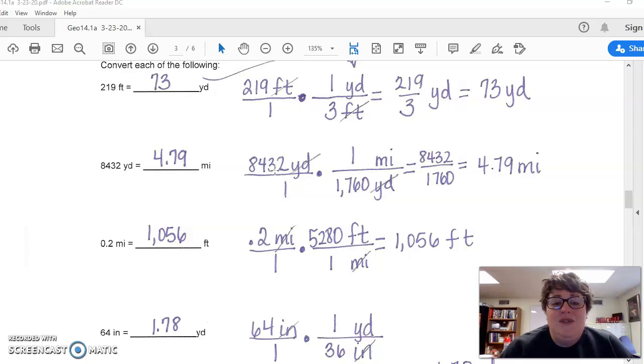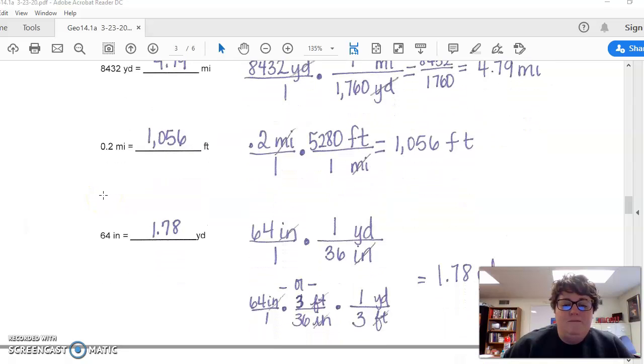So I have 219 feet on top, and I also have 3 feet on the bottom, because I have to ask, how many feet go into a yard? That's what goes on the bottom, so those feet cancel out and leave you with yards on top. I tried to pencil mark through what cancels. You have to be able to cancel out what you already have and take it to a new measurement, so I showed a lot of work for you.